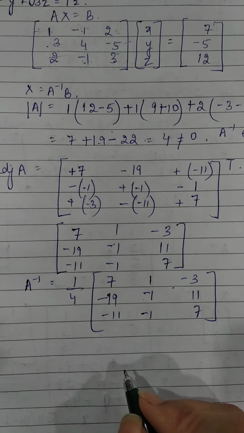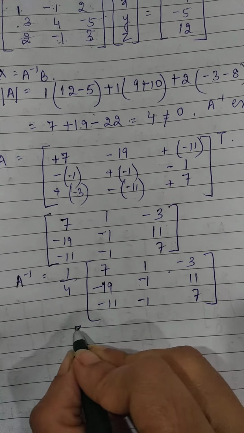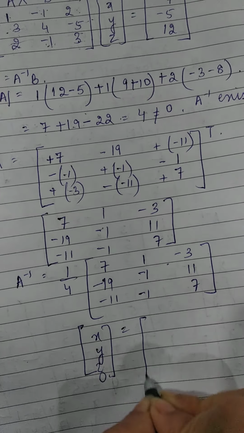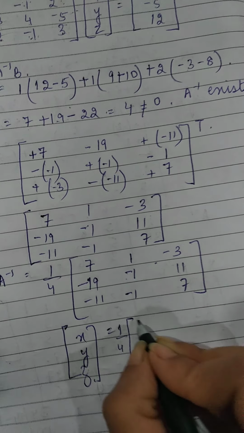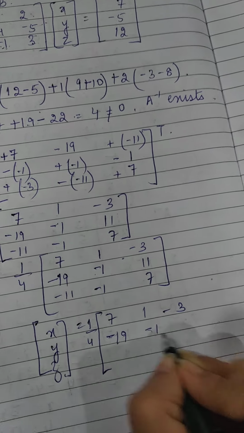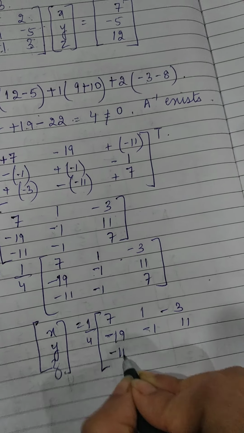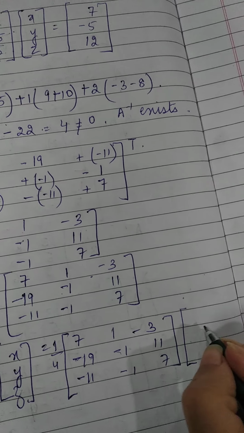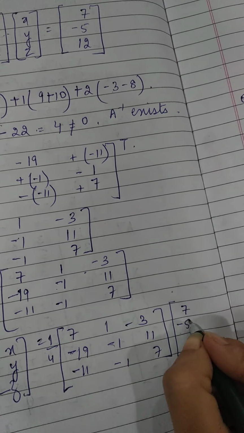So let's find x is equal to A inverse B. X is x, y and z. A inverse is 1 by 4, 7, 1, minus 3, minus 19, minus 1, 11, minus 11, minus 1, 7, into B, which is 7, minus 5 and 12.